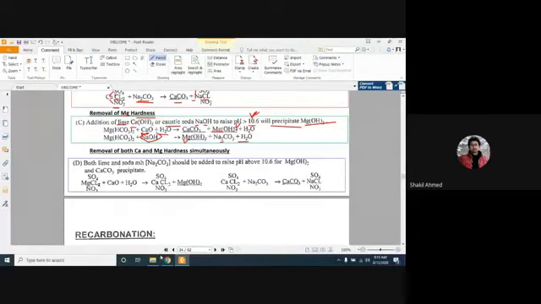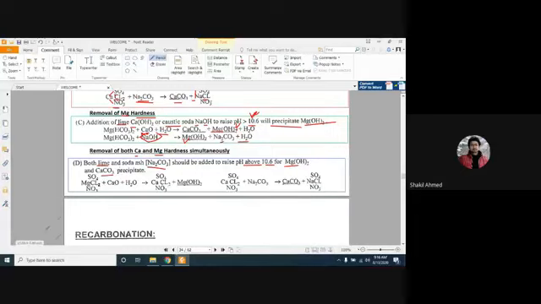Now if you have both calcium and magnesium hardness in your water and you want to remove both of them together, then you have to use both sodium carbonate and lime to raise the pH above 10.6 for magnesium hydroxide and calcium carbonate to precipitate.